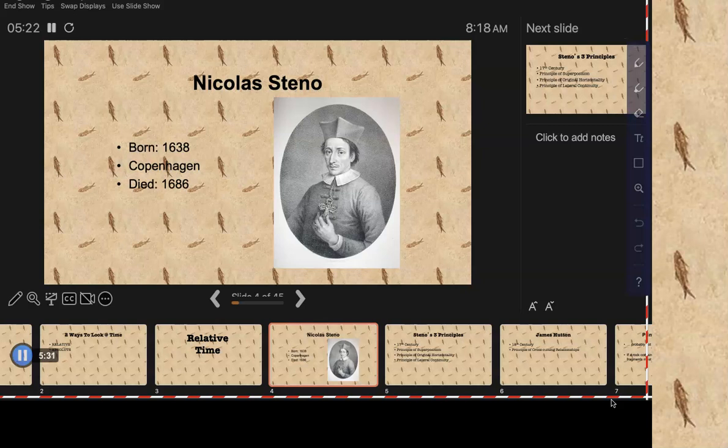But I'm telling you about these guys, and you can't talk about them without using their names. So one of the first folks to think about this stuff was Steno. And Steno, as you can see, 1638, a while ago. He worked in Copenhagen and died 1686. Didn't live too horribly long. They didn't really back then. Some folks did.